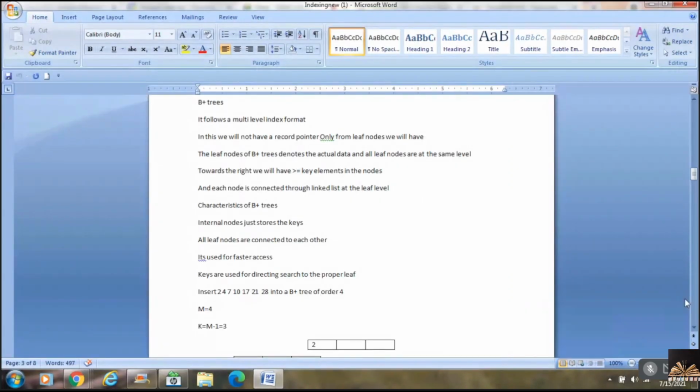So see, I'm talking about B plus trees. It follows a multi-level index format. So you're going with the concept of multi-level indexing. Okay, so in the previous class, we studied something about the secondary index, wherein you're following two tables, if you remember.